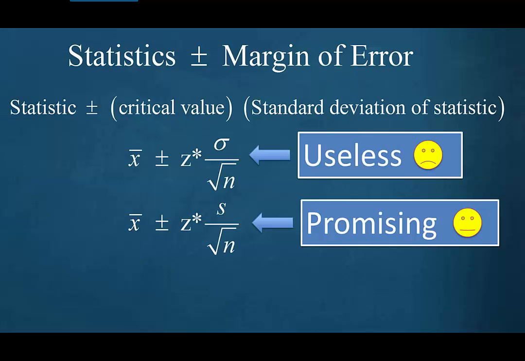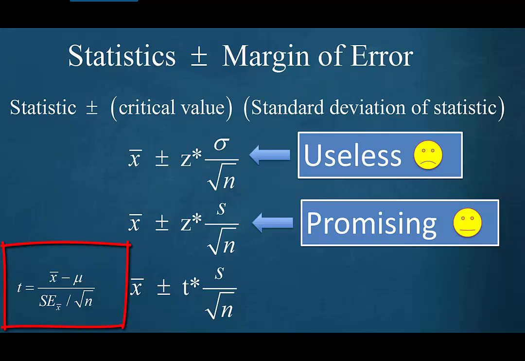Instead of a z statistic, we're going to use the similar t statistic that has degrees of freedom that we'll need to look up in a table, or will be computed using technology. So our model for constructing intervals about the mean is going to be x bar plus or minus the t statistic, where t equals x bar minus mu over the standard error of x bar, s divided by the square root of n.